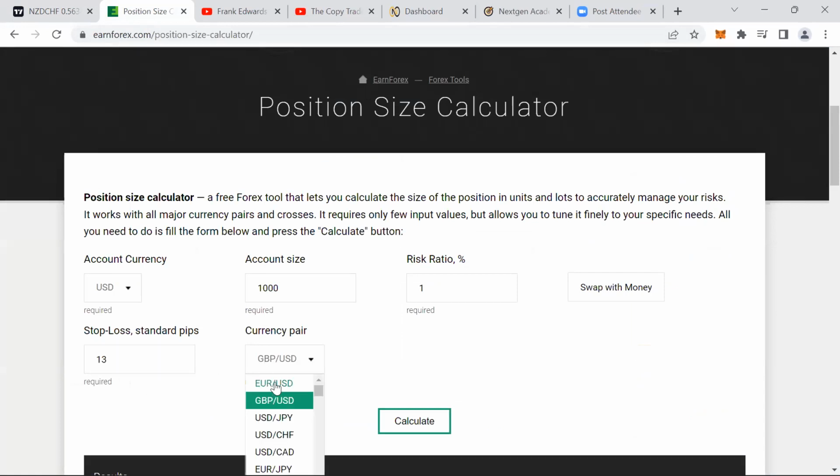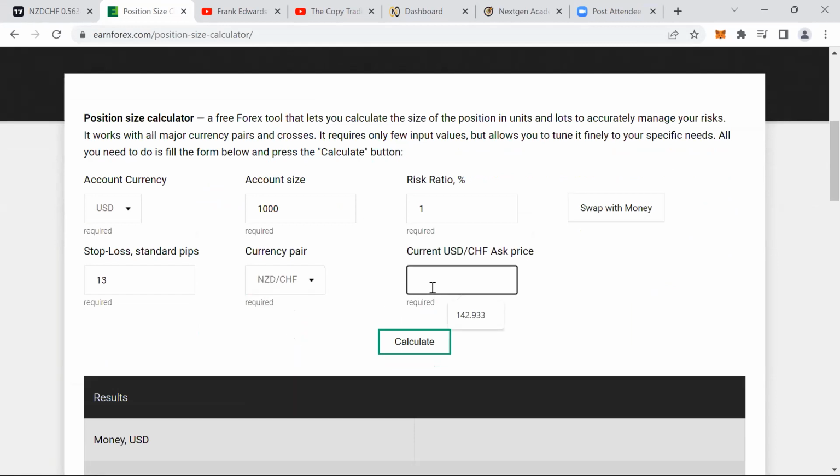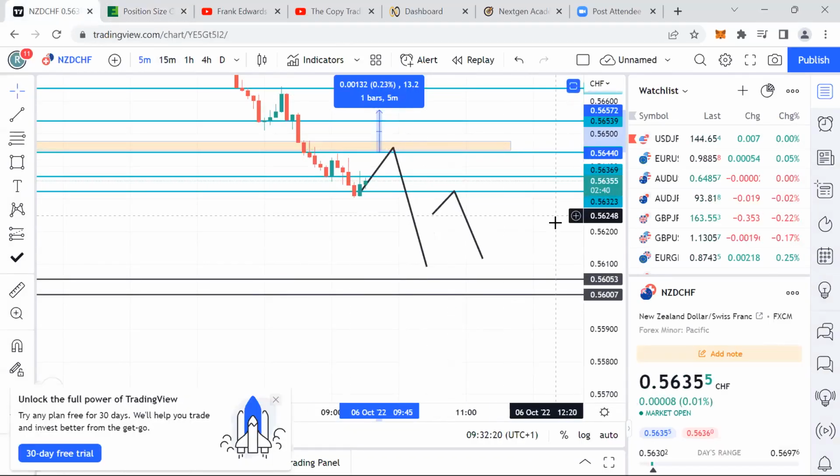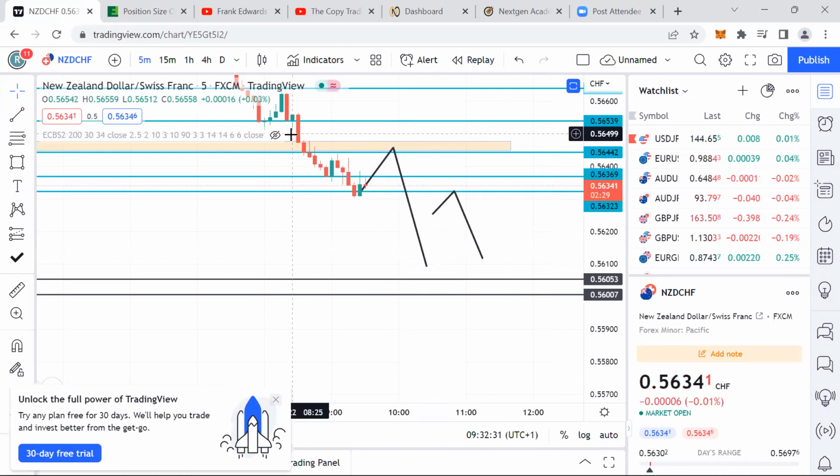And we are looking at NZDCHF. So you say current price or asking price. So we're looking at entering the trade at 0.56442.